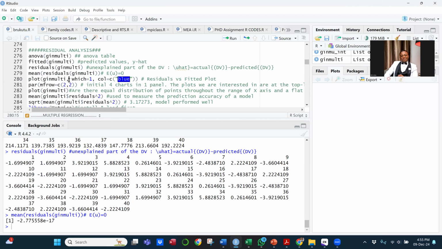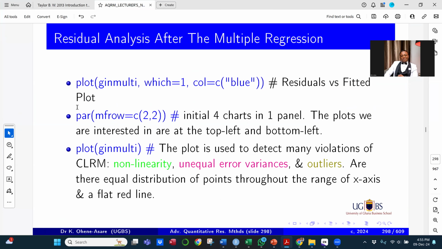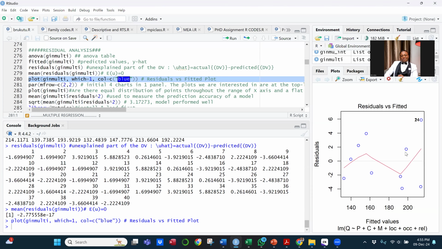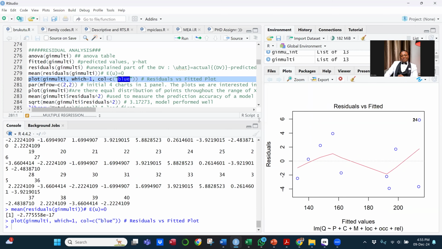Okay. Now you can plot the residuals too. So the next command will plot the residuals and see the other information. So this is the mean of the residuals. You can plot the residuals. Let's plot the residuals and look at it here. This is the residual plot on the right. When we start looking at diagnostics, you will understand this better.